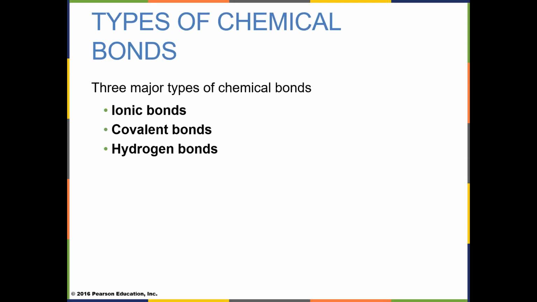You're always going to end up with a product that is stable. And the reason that works is because chemical bonds will occur within the atoms that will make them stable. Now, the 3 types of chemical bonds are what we call the ionic bonds, the covalent bonds, and the hydrogen bonds.